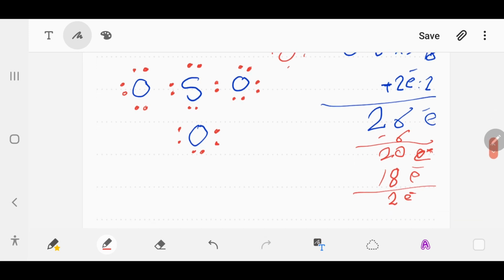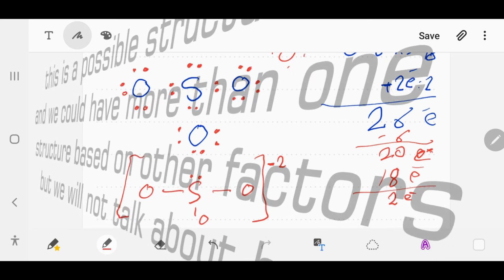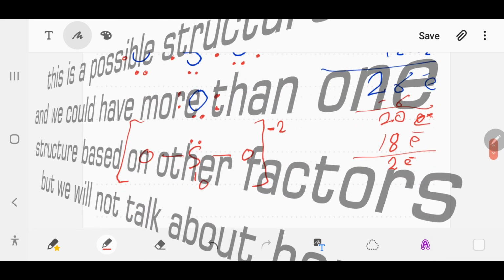So it will be S, O, O, O. With, of course, don't forget to write the minus 2 here over the compound to show that this compound contains an extra 2 electrons inside. Hope that you get it, guys.